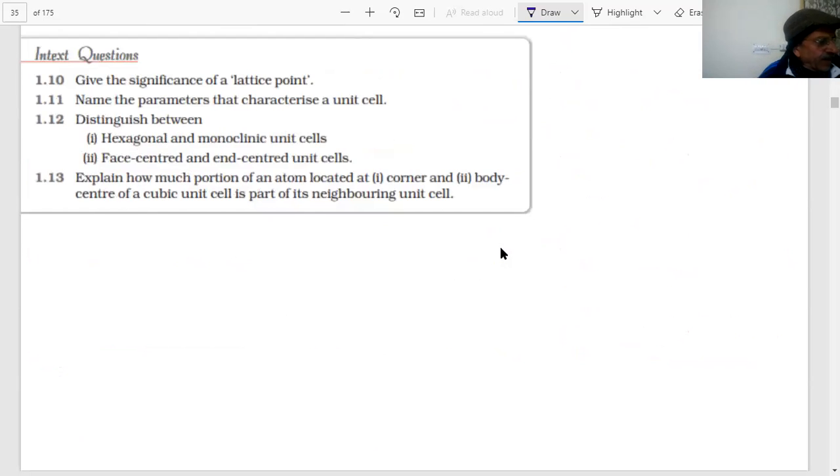For example, a question is: give the significance of the unit cells. Give the significance of a lattice point, student. It is a 1 mark question. The same question can be put in objective type form also.